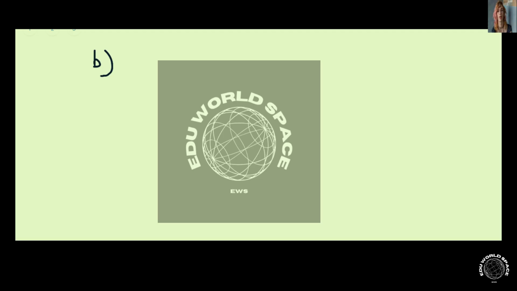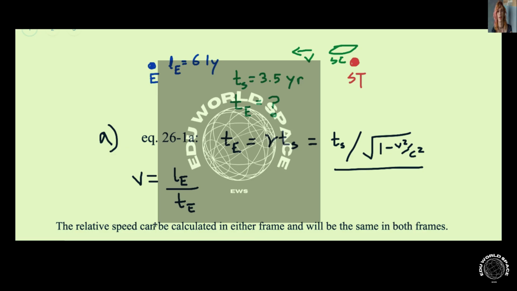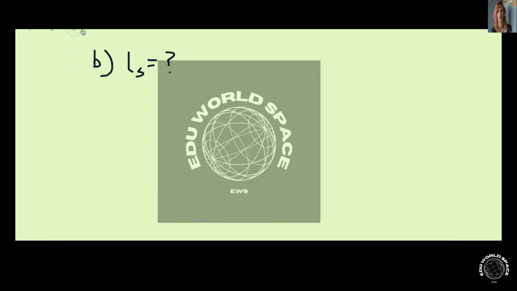For part B, you want the distance that the spaceship travels as measured in its own reference frame. So this is L sub s, right? And very importantly here, recall that relative speed can be calculated in either frame, and it will be the same in both frames.